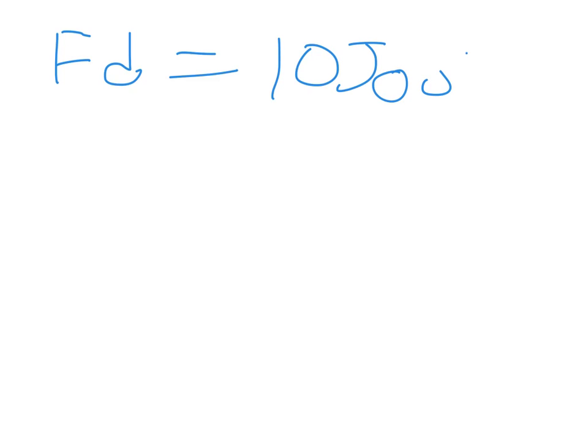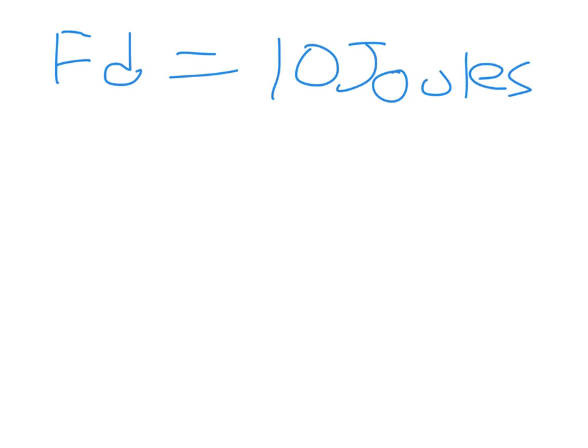So let's look at a quick example. Let's say we multiply our force times our distance, and we calculate that that's equal to 10 joules. And again, the joule is the unit for work, and it is the unit for energy.